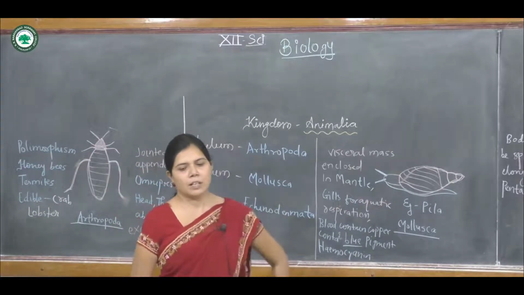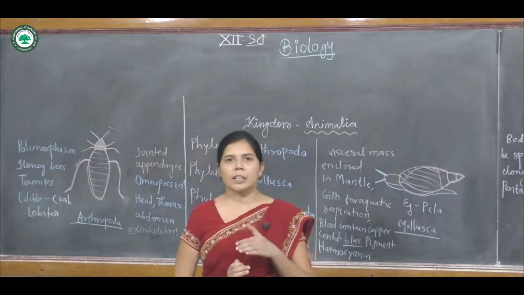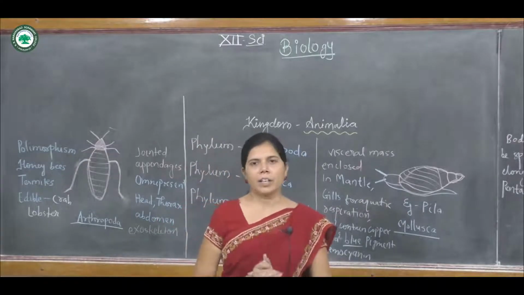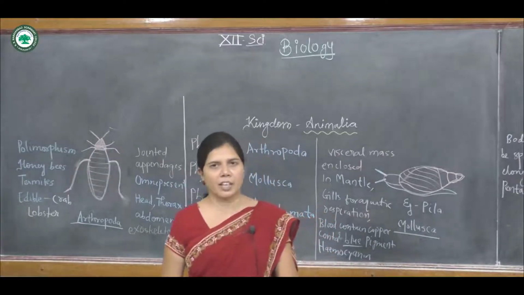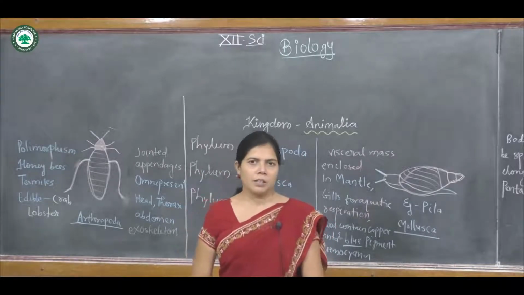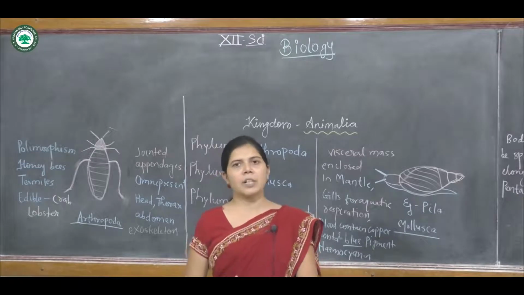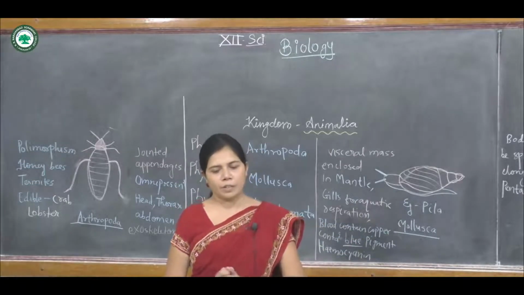For the Mollusca, we know that among the marine or aquatic animals, some animals have a shell. Most of the animals from the sea that have shells are included in the phylum Mollusca.